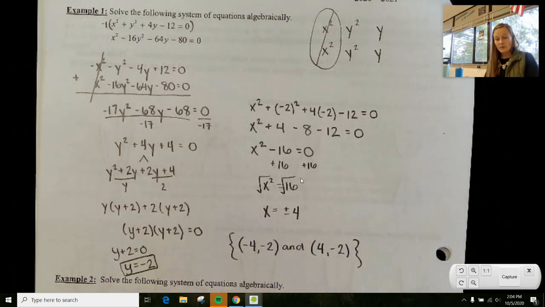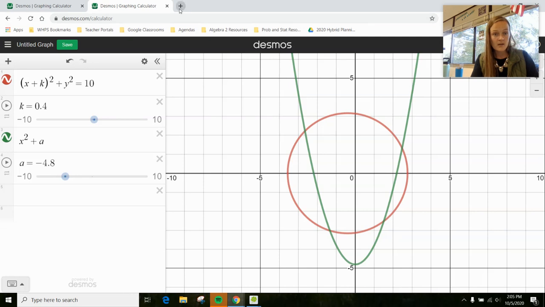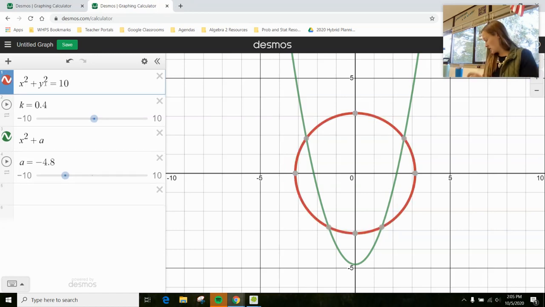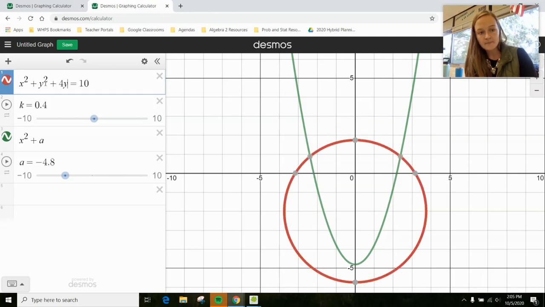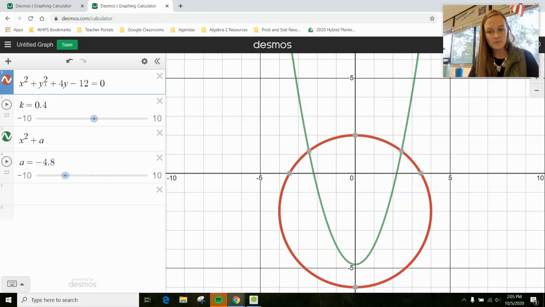All right, so to wrap this up, I am going to go back to Desmos. And I'm going to plug this in. So I've got x squared plus y squared plus 4y minus 12 equals 0.